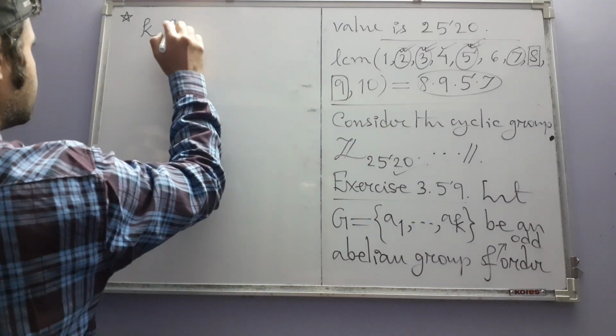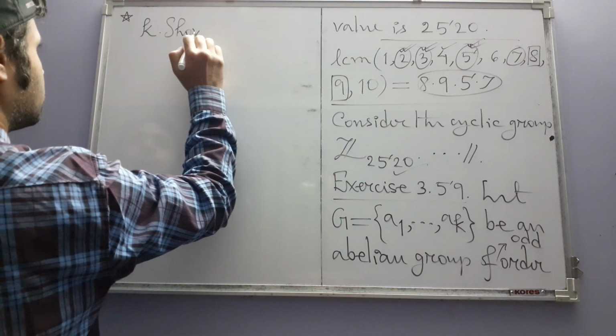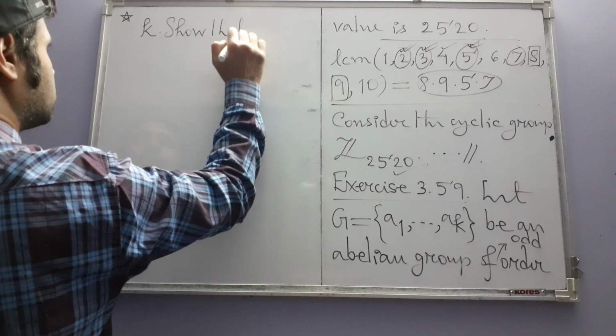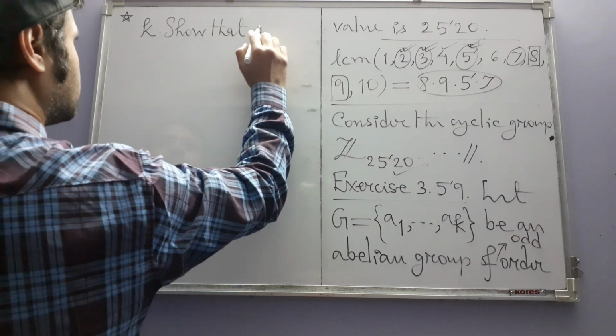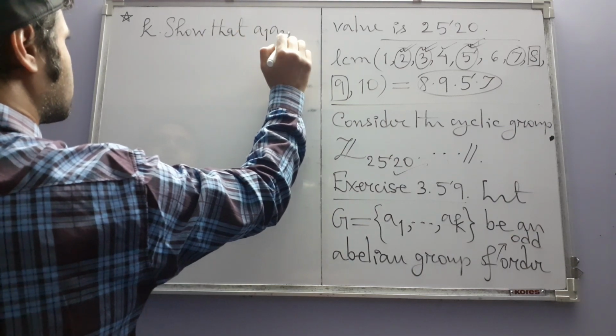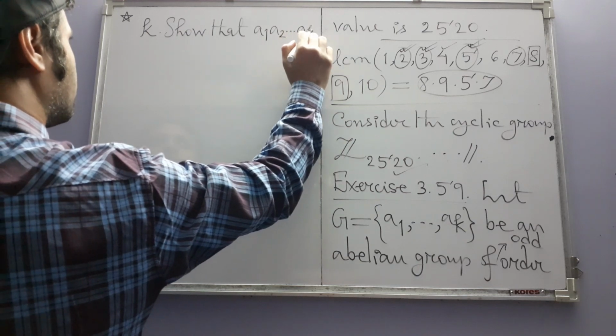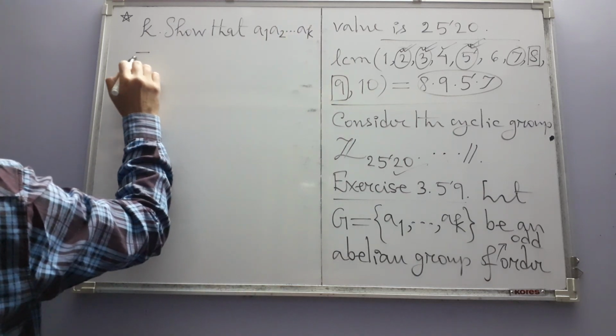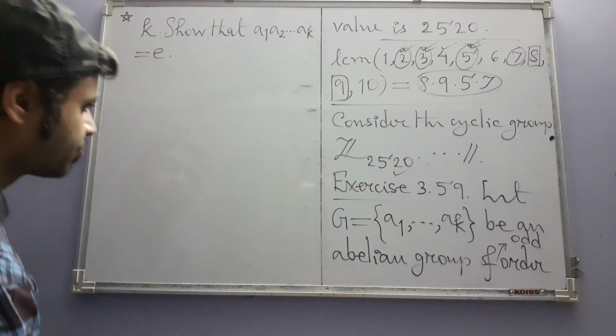Show that if you take the product of all the elements, then you should get the identity.